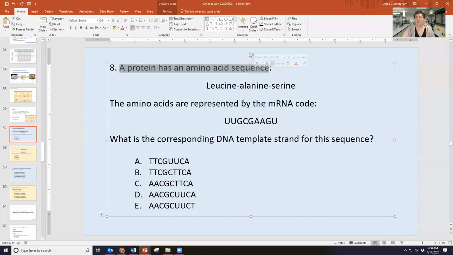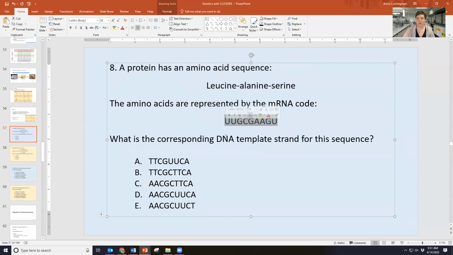If you have a protein with amino acids leucine, alanine, serine, and those have the mRNA code, what is the corresponding DNA template? So this is just asking you to go backwards. If you have RNA, what is the complementary DNA?